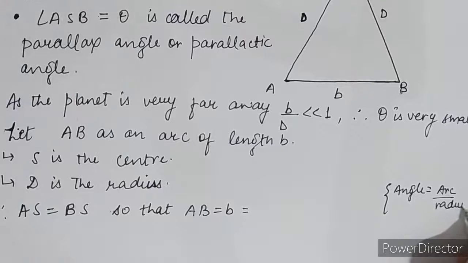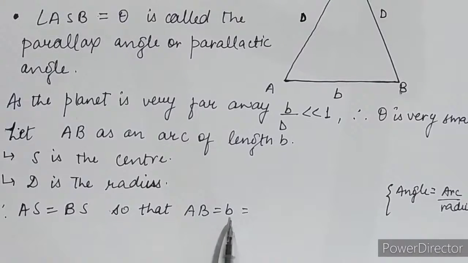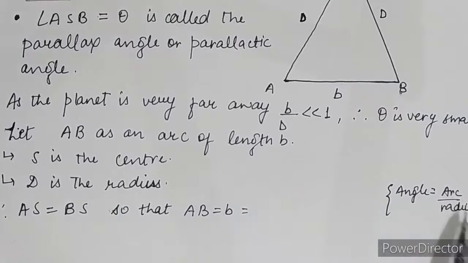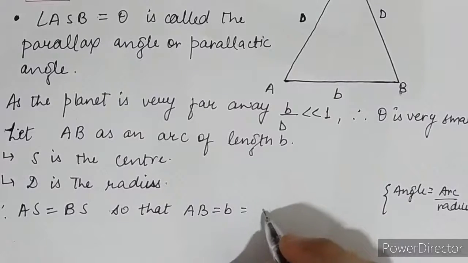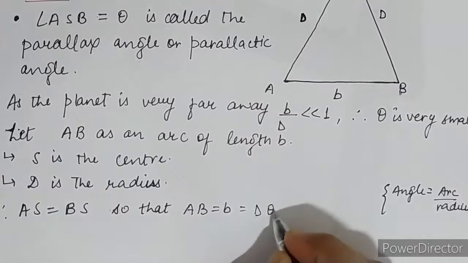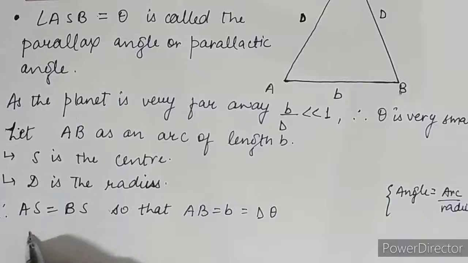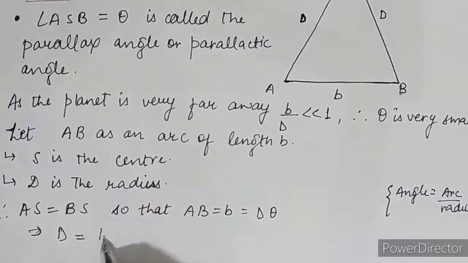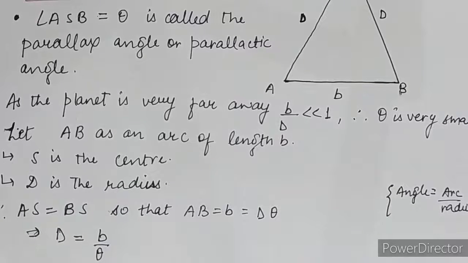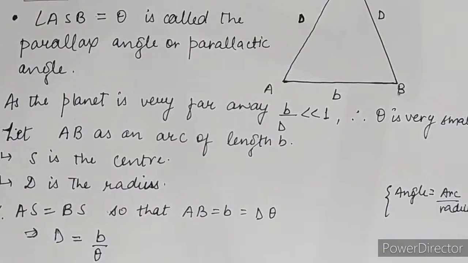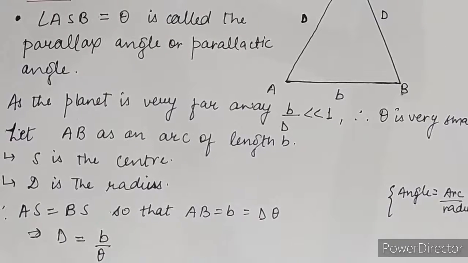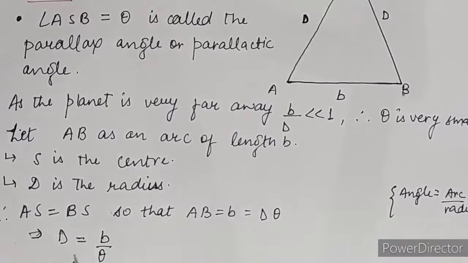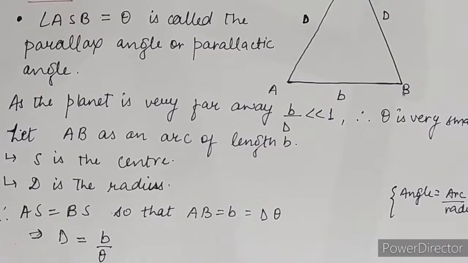Okay, remember this formula. So here B is your arc, so arc equals angle into radius, where D is the radius and theta is your angle. So from here we get the radius D equals arc upon angle. So we determine the value of D by this method, and the angular diameter as well.